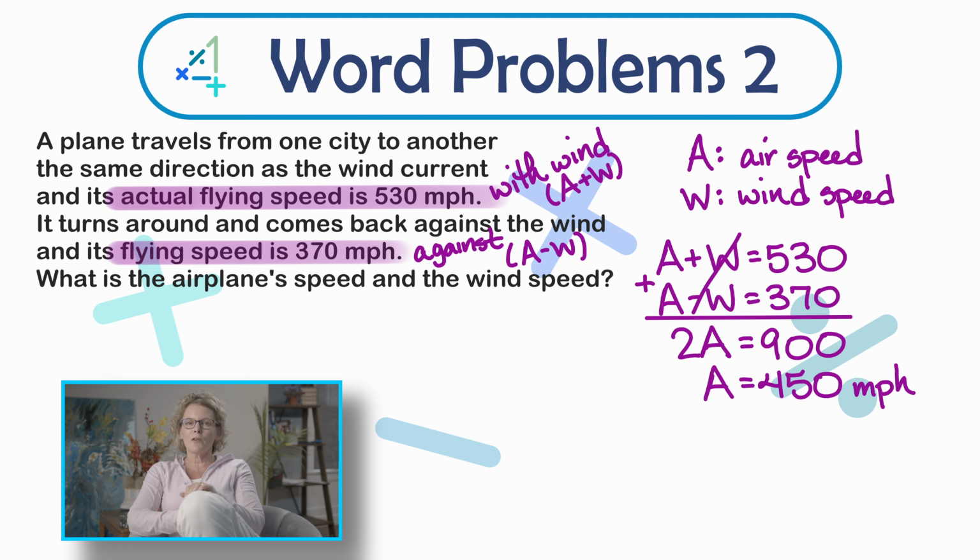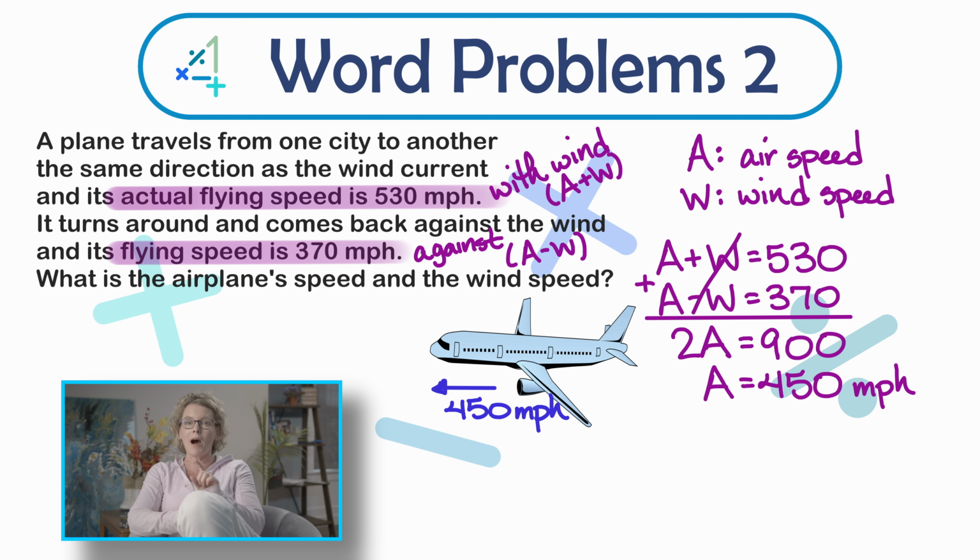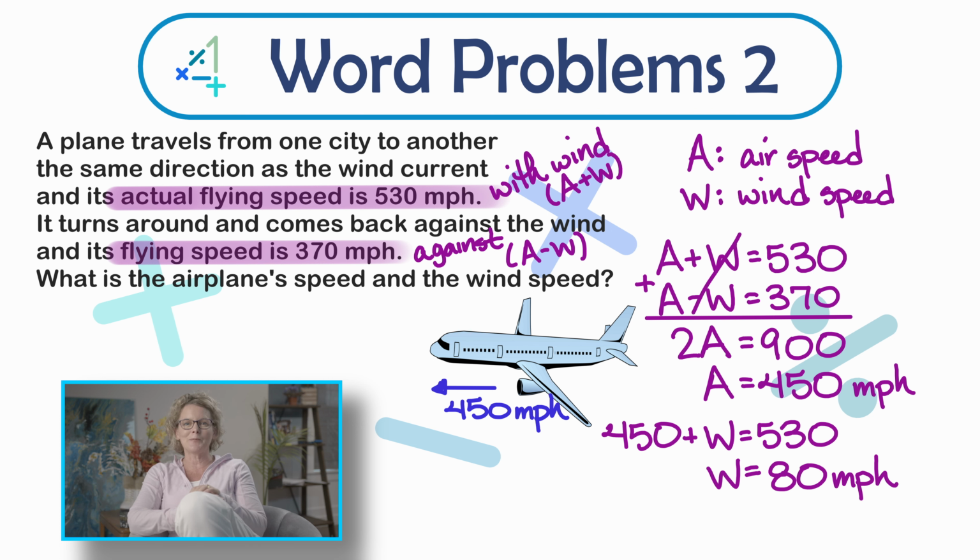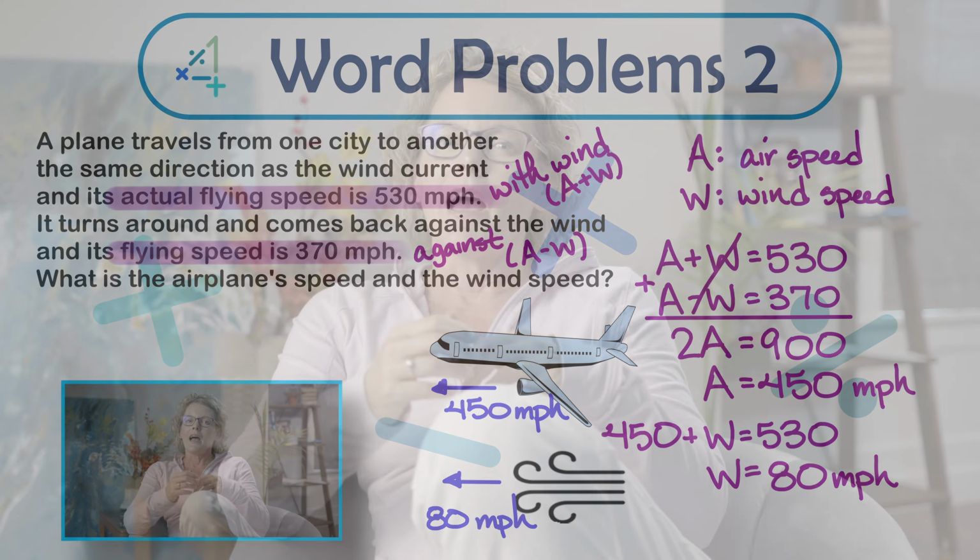A equals 450, meaning that those engines were roaring at 450 miles per hour. Then it follows that the wind speed that was either pushing or fighting against that plane was 80 miles per hour.